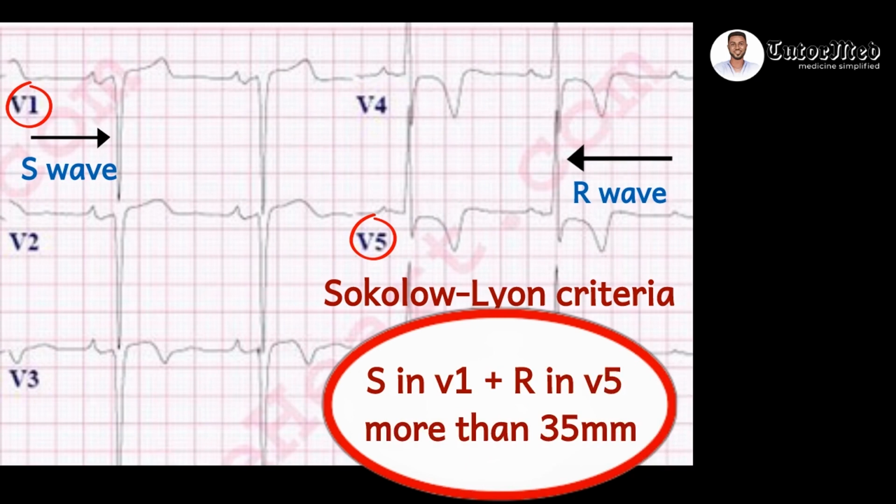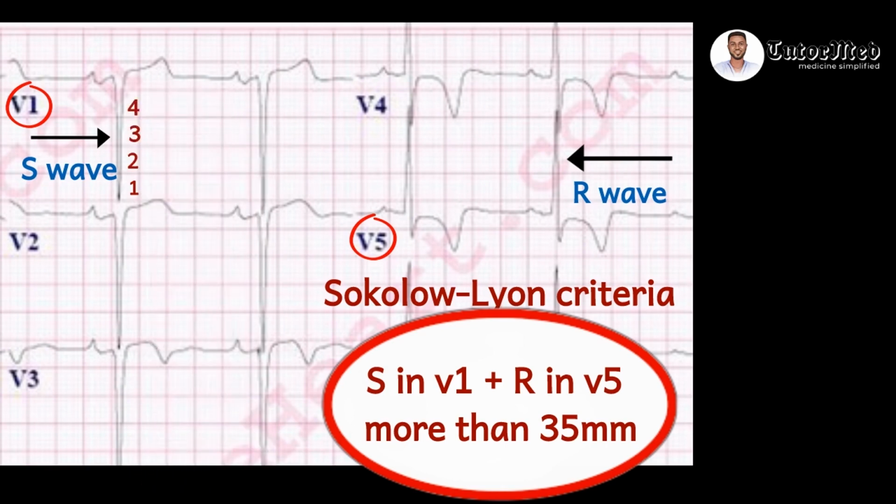And so let's apply this criteria on this ECG report. Now on this report, how deep is the S wave? How many boxes does it cover? We have 1 big box and 2, 3, 4.